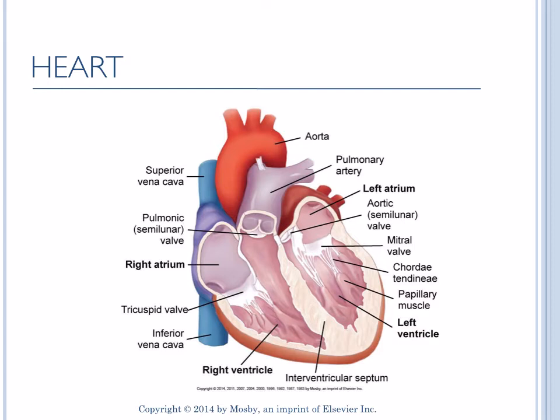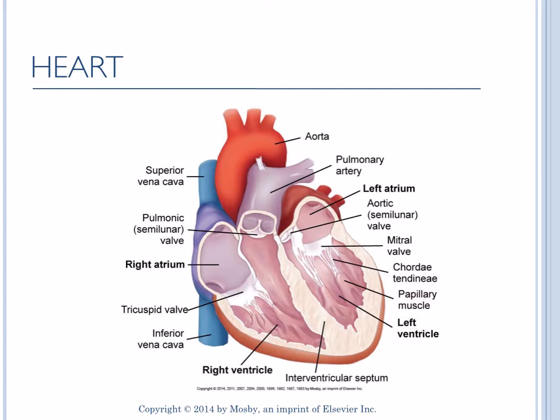First of all, you need to understand that deoxygenated blood comes from the body, from the venous system, and travels via the inferior vena cava, which comes from the lower body, and the superior vena cava, which comes from the upper body, to the right atrium.